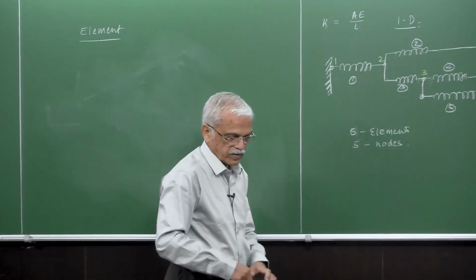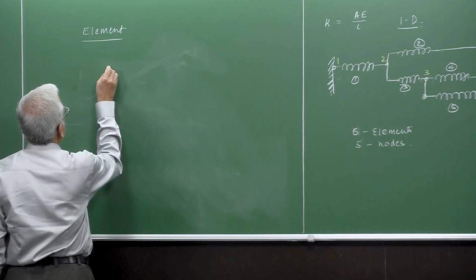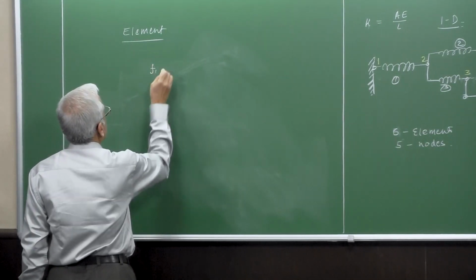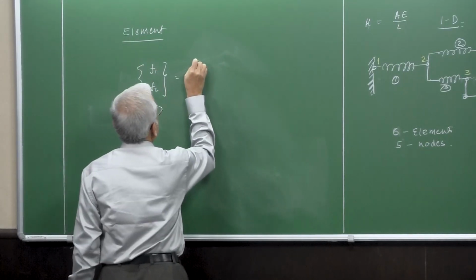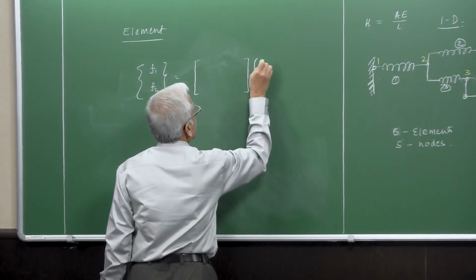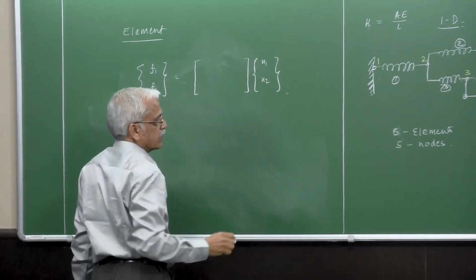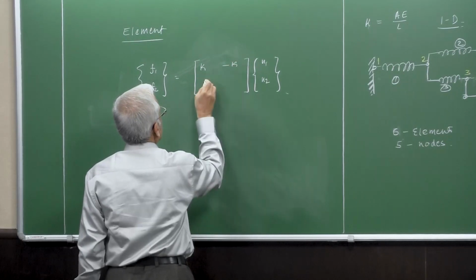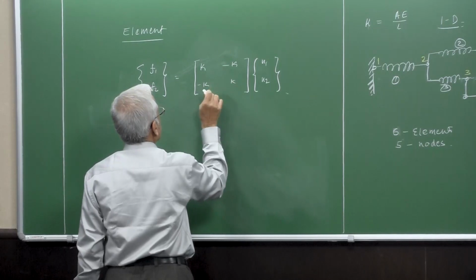Okay, so now we can write F1 and F2 as equal to a matrix with K, minus K, and minus K and K here.